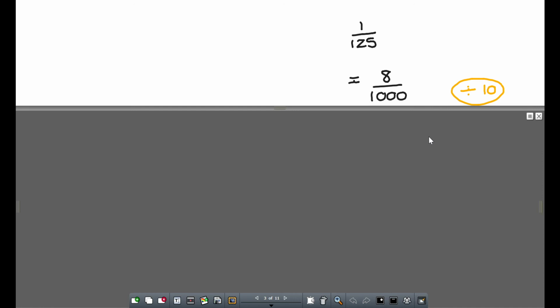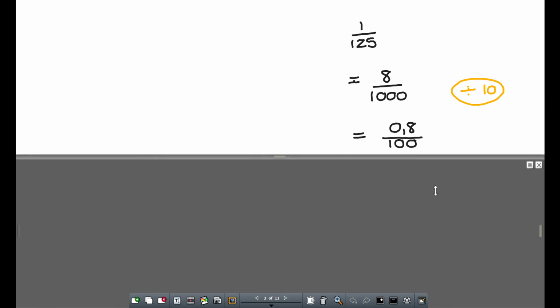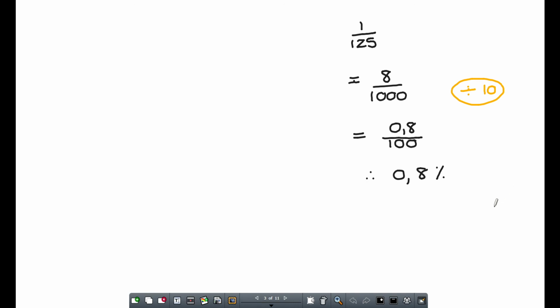So then I'm going to divide by 10, both at the top and at the bottom. So 8 divided by 10 will give me 0,8, and 1,000 divided by 10 will give me 100. So if I ask you to write that in percentage form, it would be 0,8%. Remember, it is possible to get 0,8%. It's just less than 1%.